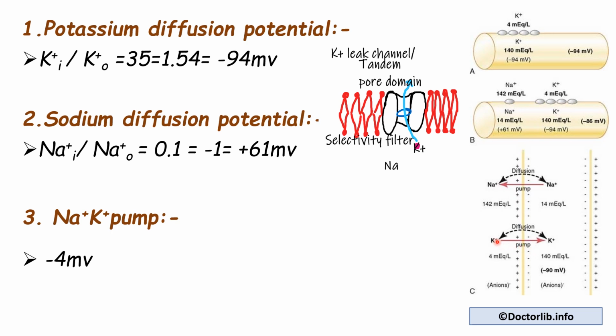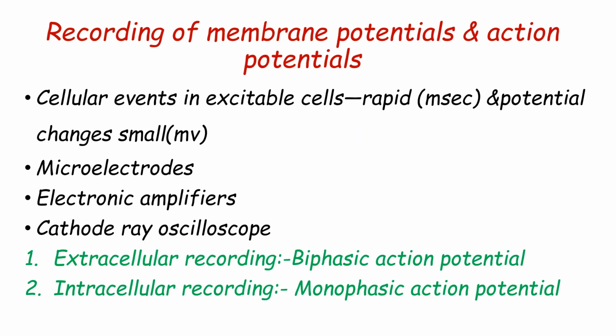It will move 3 sodium out and 2 potassium ions in, adding minus 4 millivolts, and what we get is minus 90 millivolts. So minus 86 millivolts is contributed by the potassium and sodium diffusion potentials, with major contribution from potassium because it's nearer to the potassium diffusion potential, and minus 4 millivolts is contributed by the sodium potassium pump.